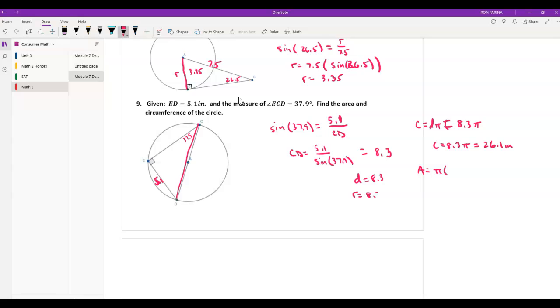Now I have to find the radius by doing 8.3 divided by 2. It's going to give you 4.15. So pi times 4.15 squared, right, would give you 17.2225 pi. So the area, that would be the exact. If I take that and multiply it by pi, I would get 54.1 inches squared. Okay, hopefully this helps.